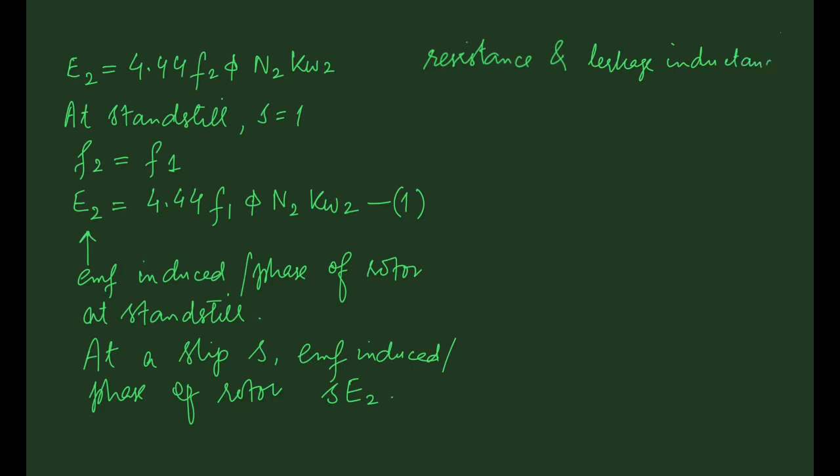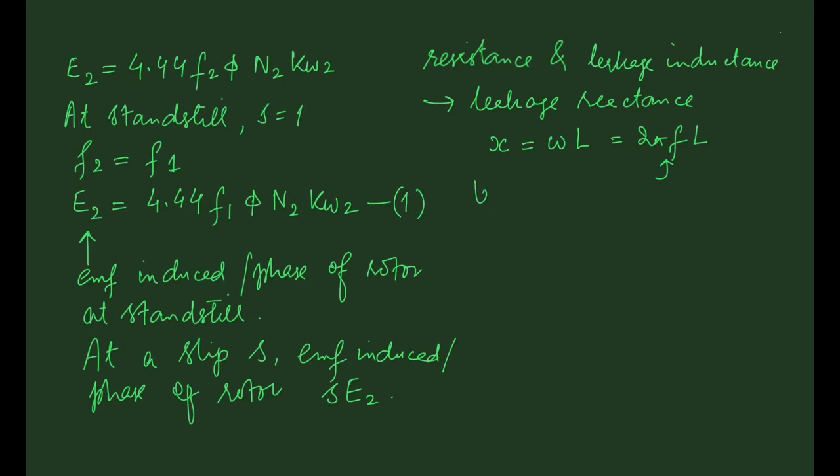And the leakage inductance in the circuit manifests as a leakage reactance per phase, and we know that the reactance is equal to omega times L, which will be equal to 2 pi FL, and the reactance therefore depends upon the frequency.